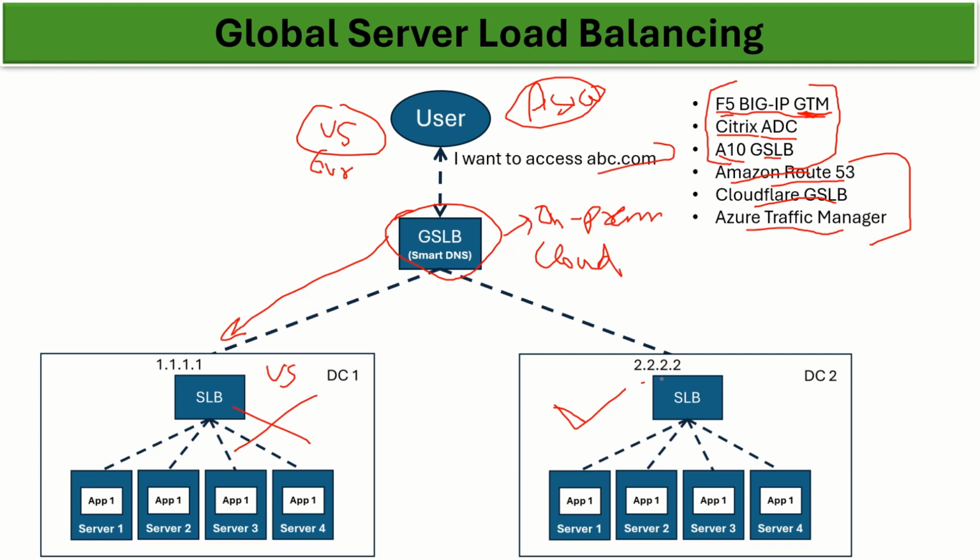Since the IP 2.2.2.2 or these applications are hosted in data center 2, which is in Asia, the GSLB will give IP 2.2.2.2 to those specific users so that they can access the nearby data center. So geolocation-based IP assignment is also one of the services that GSLB can provide. There are multiple other nitty-gritties that can be provided, but I will not touch on them in this session.